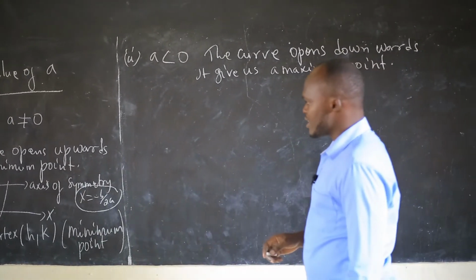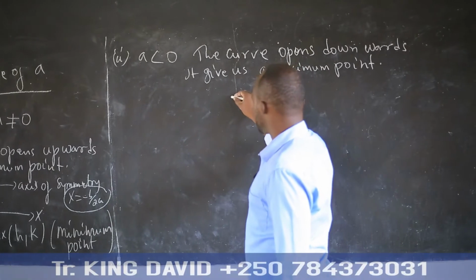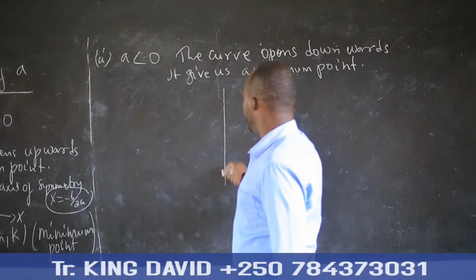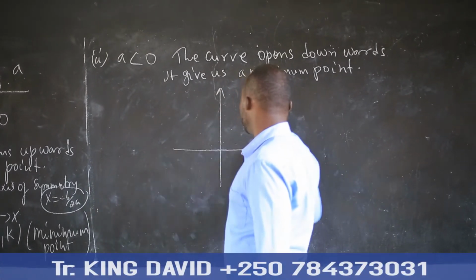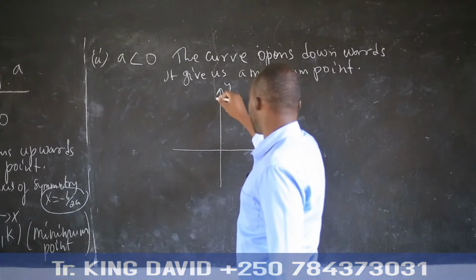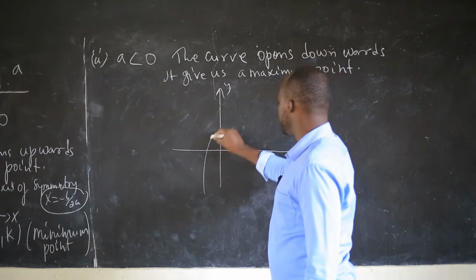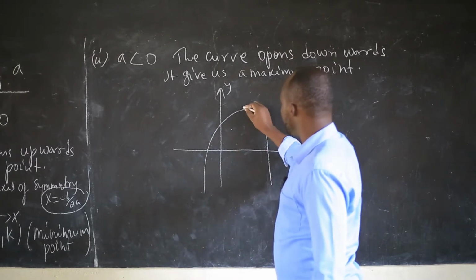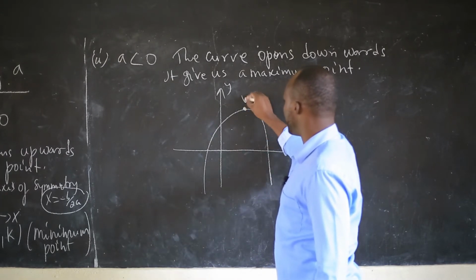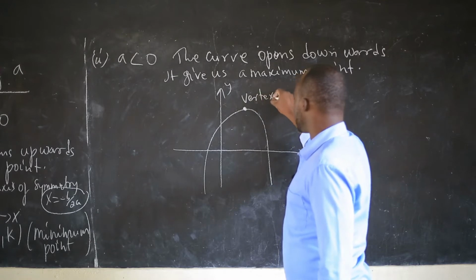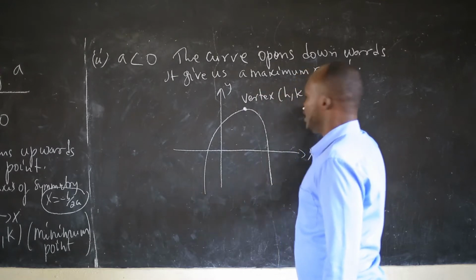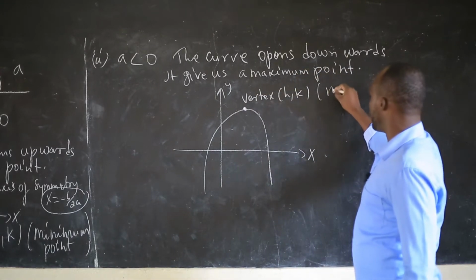So how does it give us a maximum point? For example, if you consider a graph, we have this curve where this is the y-axis and this is the x-axis, and it opens downward. So it has a maximum point here, which is a vertex. Our vertex here is (h, k), and it will give us a maximum point.